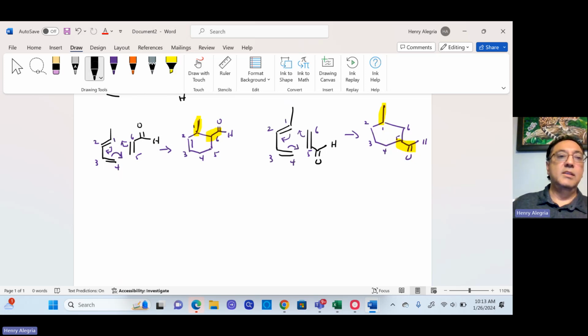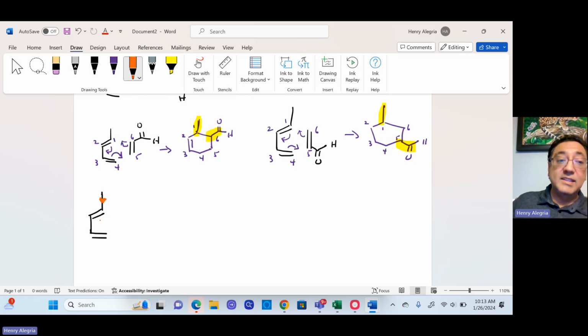Well, let's look at this particular diene that I have here. If I have this methyl group, it is going to push electron density that way. That's going to start crowding electron density around the double bond. Remember, the double bond is already rich. So if I'm pushing electron density towards it, you start to get repulsion.